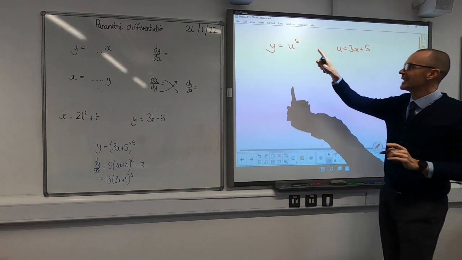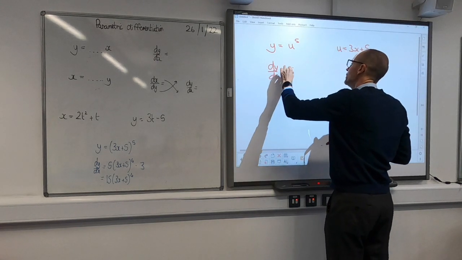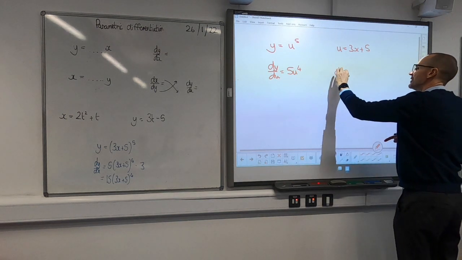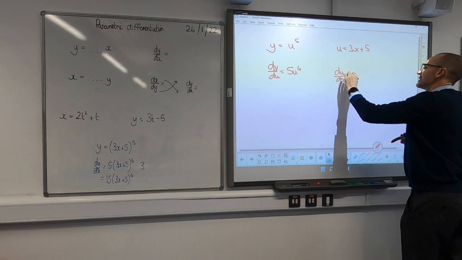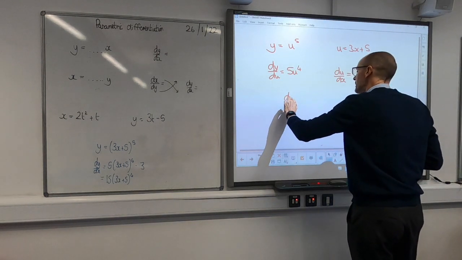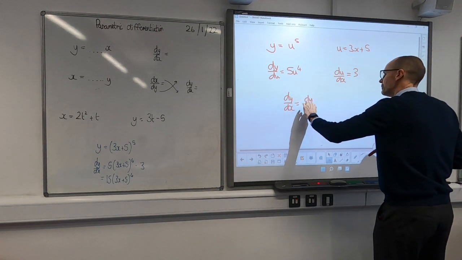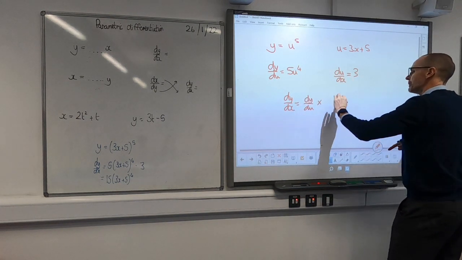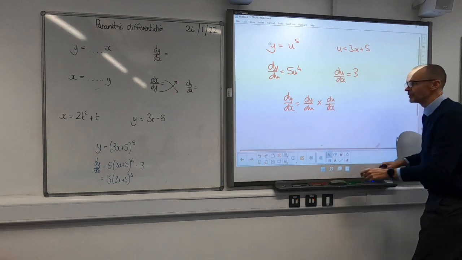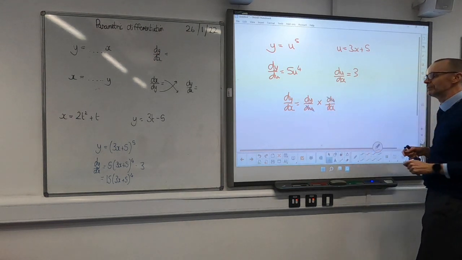Differentiating that would give us dy by du, and differentiating that gives us du by dx. And so dy by dx, which is what we want, is dy by du multiplied by du by dx, because when you multiply all that out the du's cancel and you end up with dy by dx.